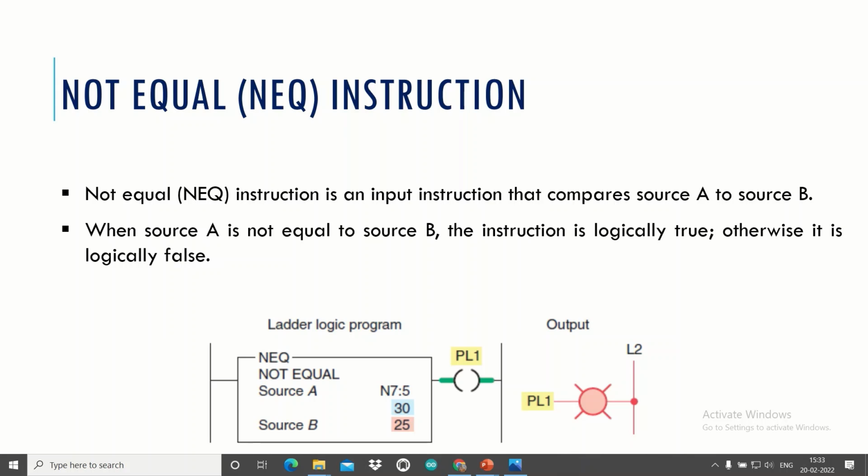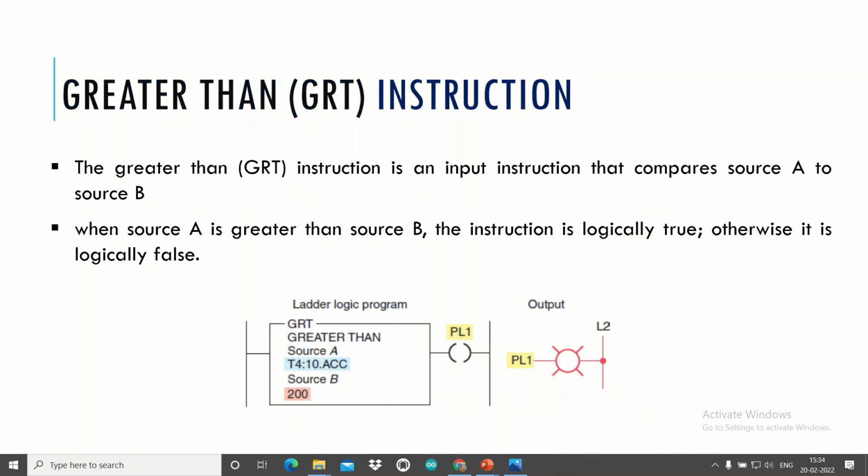Next comes not equal instruction. So when source A is not equal to source B, the instruction is logically true and your rung gets activated. Your lamp is on. Next comes greater than instruction.